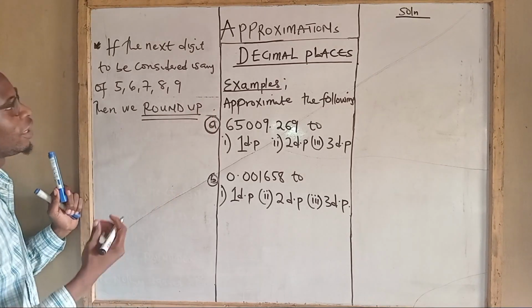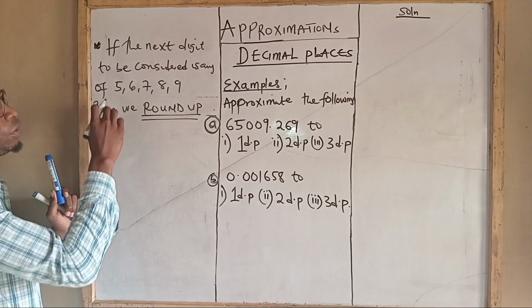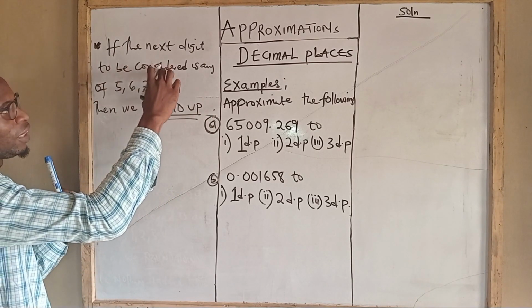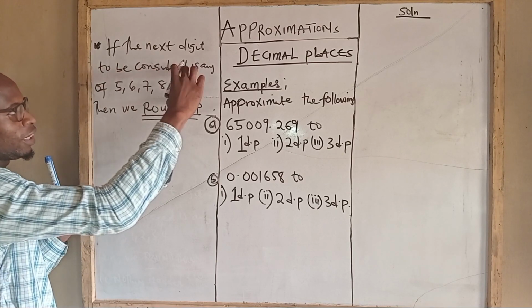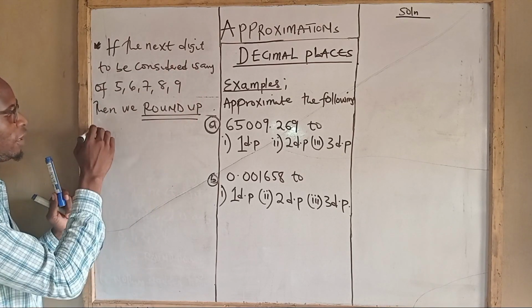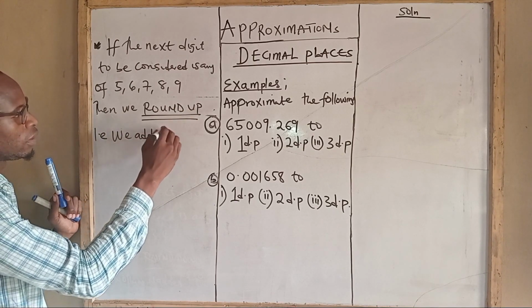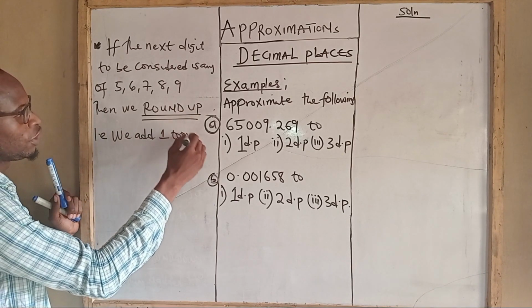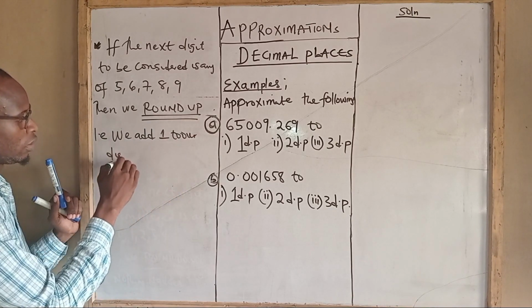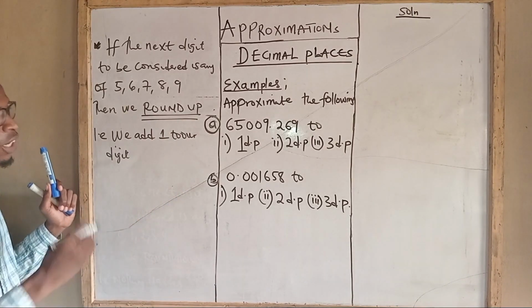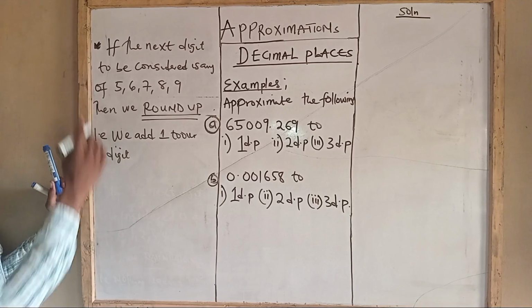So when the next digit to be considered falls between 5 to 9, we round up. Round up means that we add 1 to our digit. That's just what round up means. Now that's the first term.